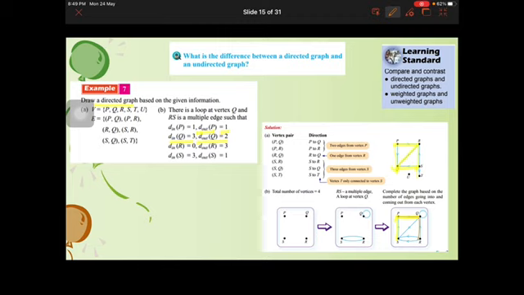Where is the other one? Because we have a loop at vertex Q, another one comes from the loop. That is d in Q.